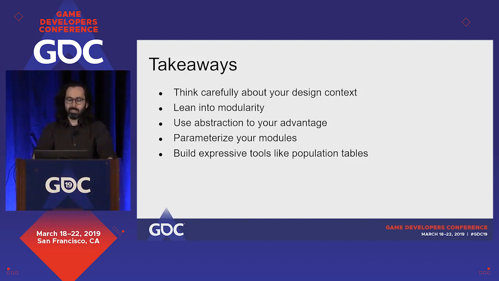All of these decisions are really driven by the game design, the vision we have. What a village looks like, we have some very specific ideas when we're designing the game, and so we want this architecture to be able to serve those ideas. You want to lean into modularity.